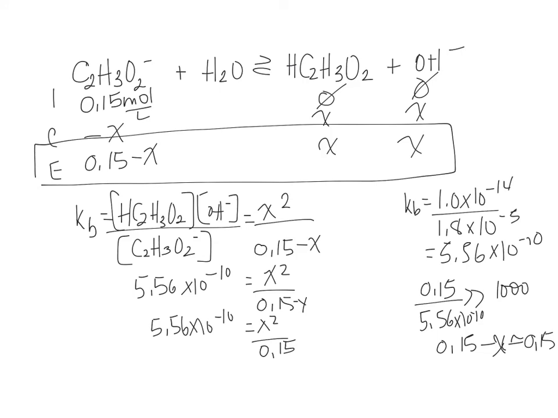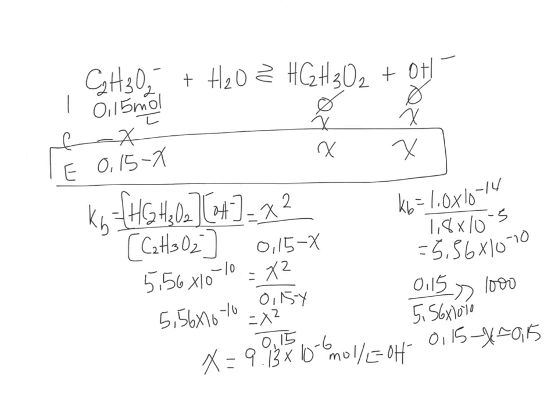So multiply 5.56 times 10 to the negative 10 by 0.15 and then find the square root, and we will have our x. So x is equal to 9.13 times 10 to the negative 6 mole per liter. And this is equal to the hydroxide ion concentration. So if we find the negative log of that number, we have pOH, and then when we have pOH, we can subtract it from 14 to get pH.